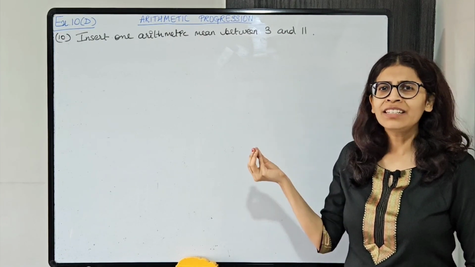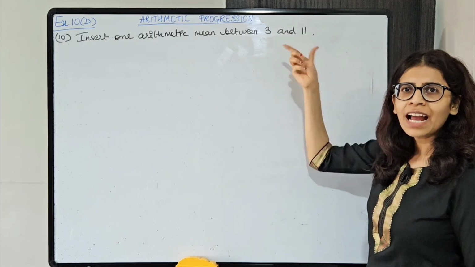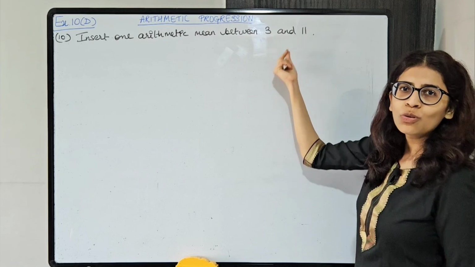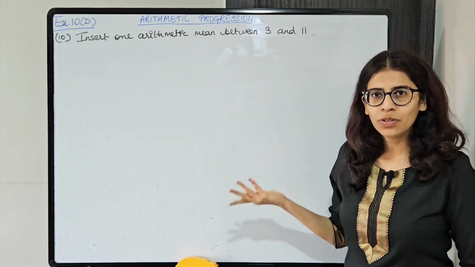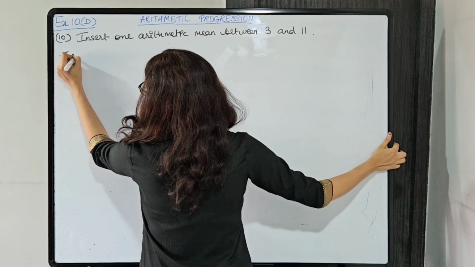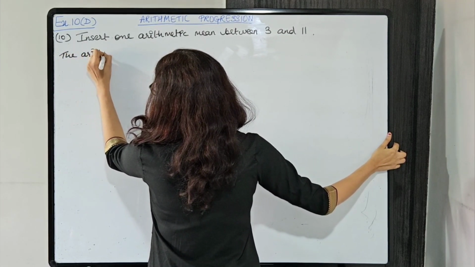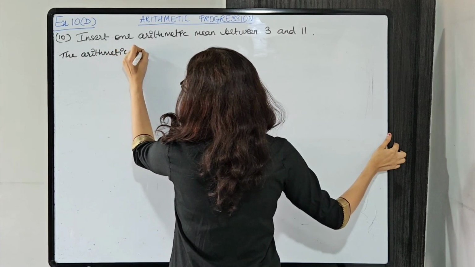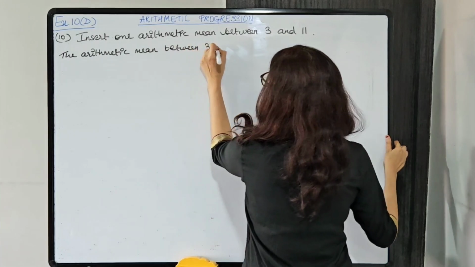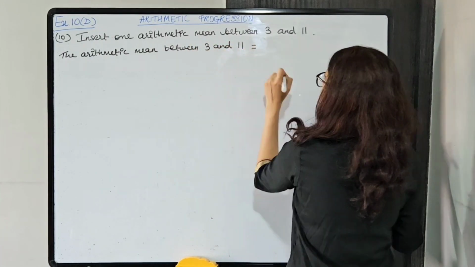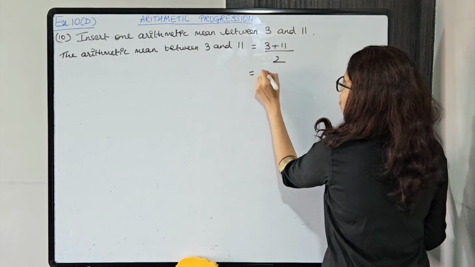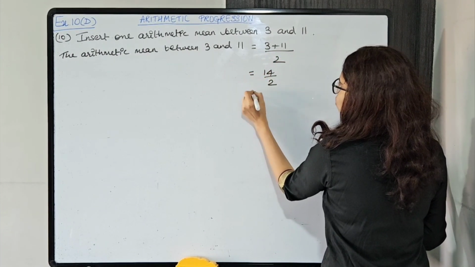Okay, so mean is adding the values and dividing by the number of values. So there are 2 values, add both and divide by 2. Okay, so the arithmetic mean between 3 and 11 will be 3 plus 11 divided by 2, which is 14 upon 2, which is 7.